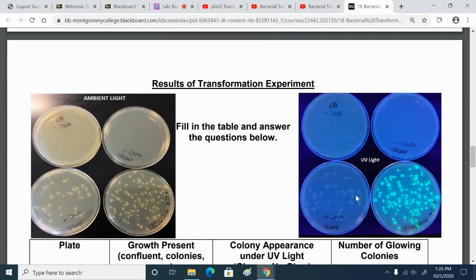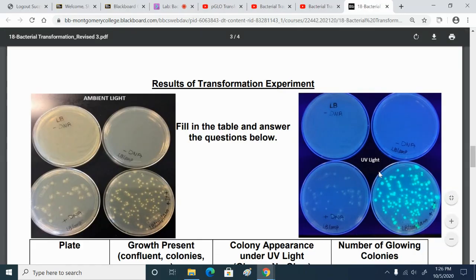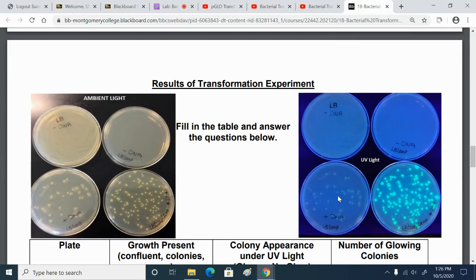Does everybody understand the difference between these two plates and why these bacteria are fluorescent green and these are not? Yes. All right, so two things are required to turn on the PBAD promoter, the ARAC protein and the arabinose sugar. Where does the ARAC protein come from?